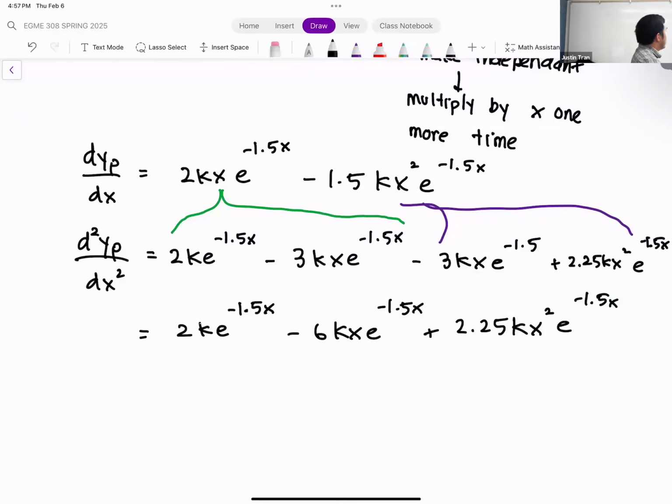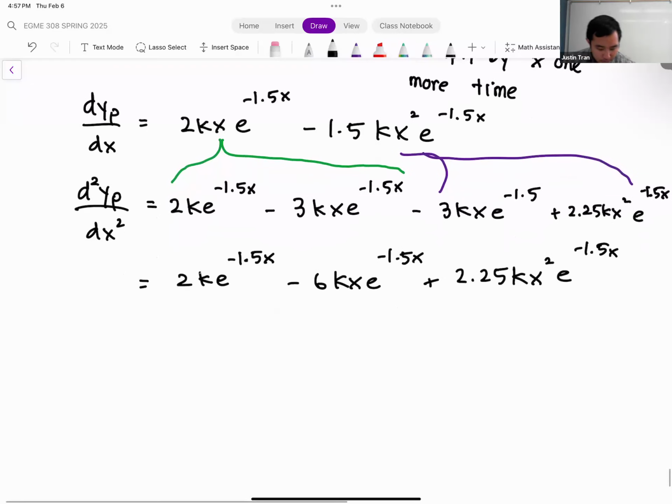Now the next step is to plug all of these into our original differential equation. Any questions on how we got here? Okay, good. Let's go ahead and plug in.